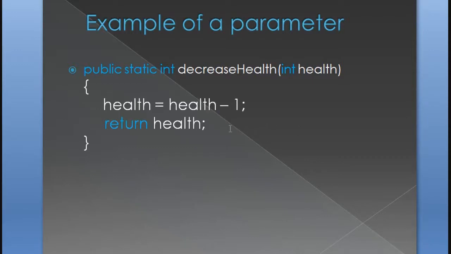I use it right here and I return it right here. So I can say health is equal to health minus 1. And then I return that health back to the catcher. When I return that value or variable, I need to have a catcher to catch its contents.